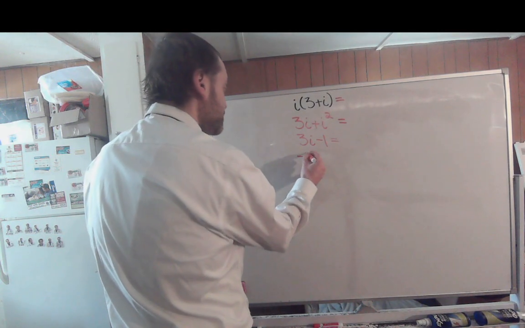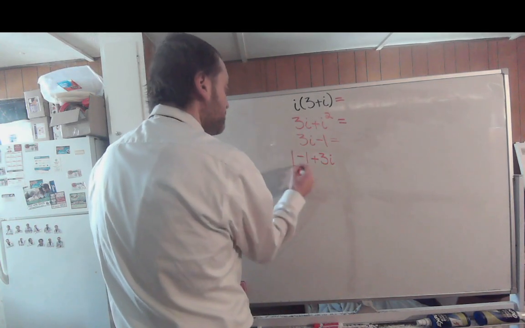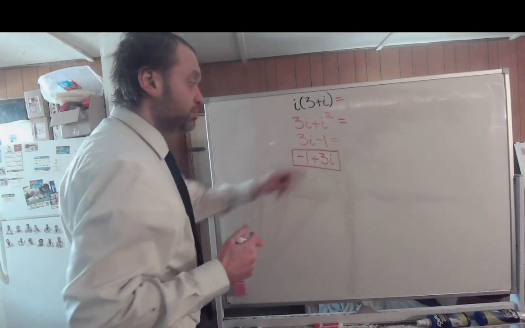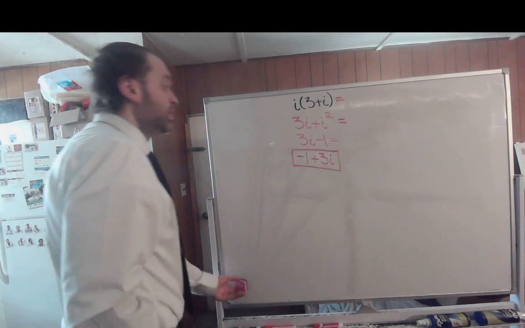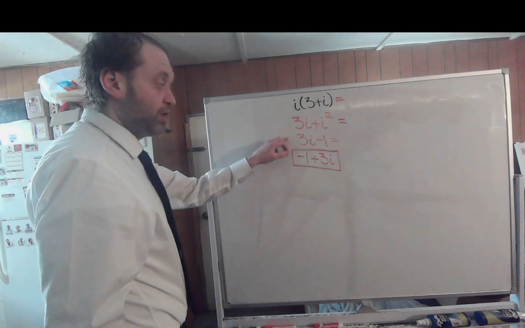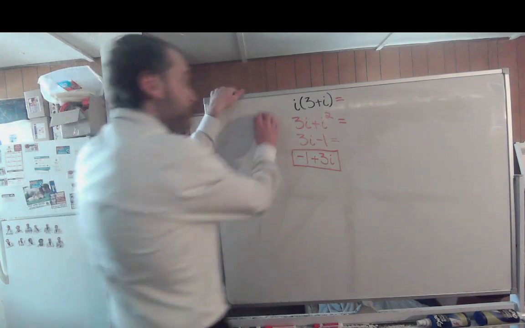So this would turn into -1 plus 3i. That would be the standard form of the complex number. You would end up getting -1 plus 3i. So it's okay at first to do all this when you're working out the problem, but your final answer should always be in standard form.